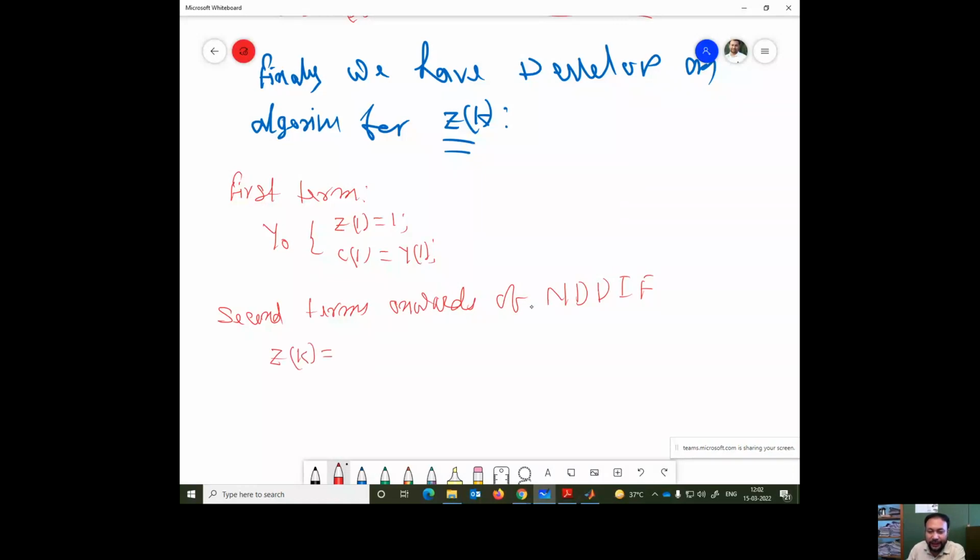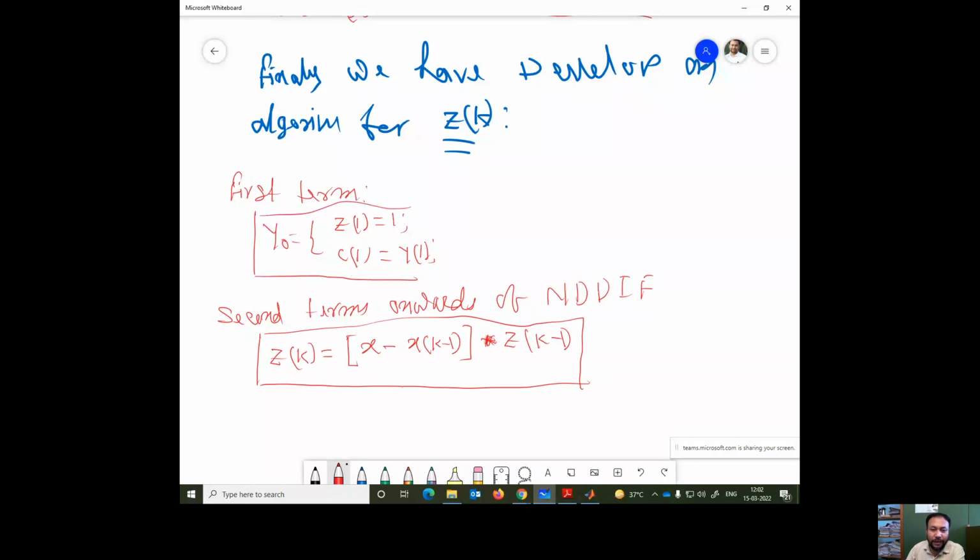Zk can be written in this form: x minus x(k minus 1) multiplied by Z(k minus 1). This is the algorithm we have developed for the coefficient Z, and we have also developed an algorithm for the first term of the Newton divided difference interpolation.